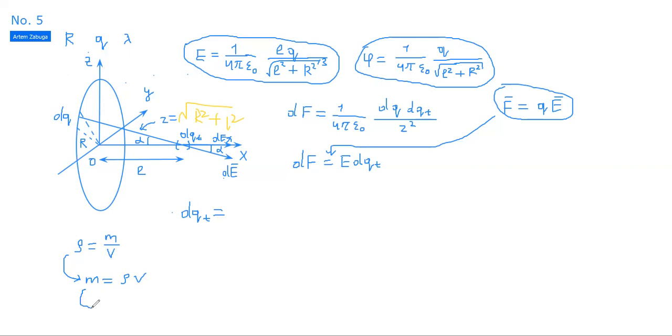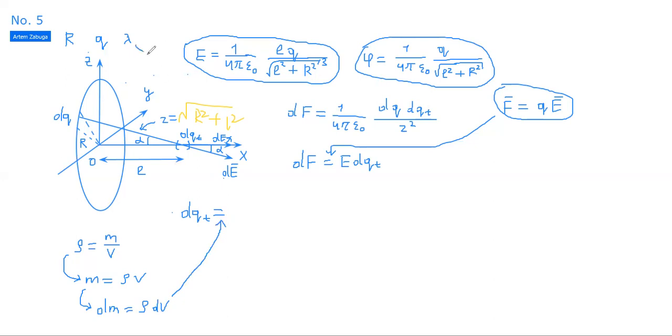And from here we can find that differential dm is equal to rho multiplied by dV. So the similar situation we have with the linear density.